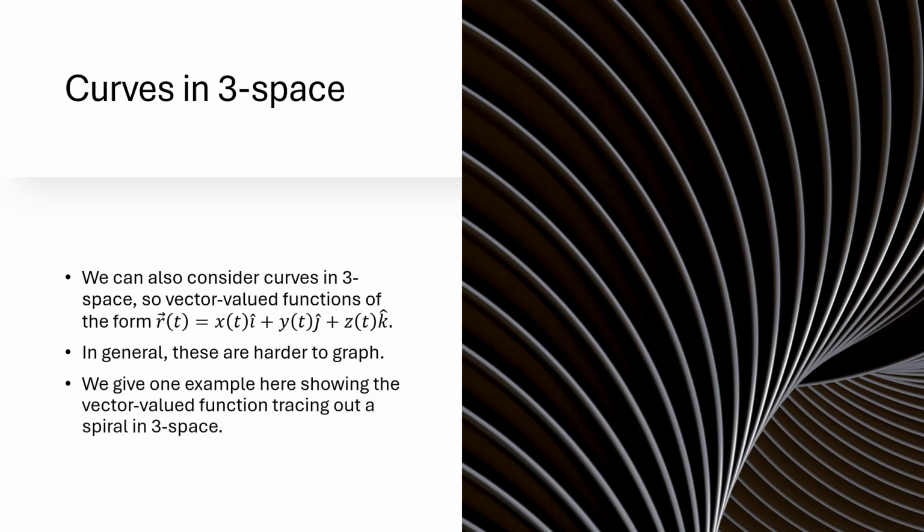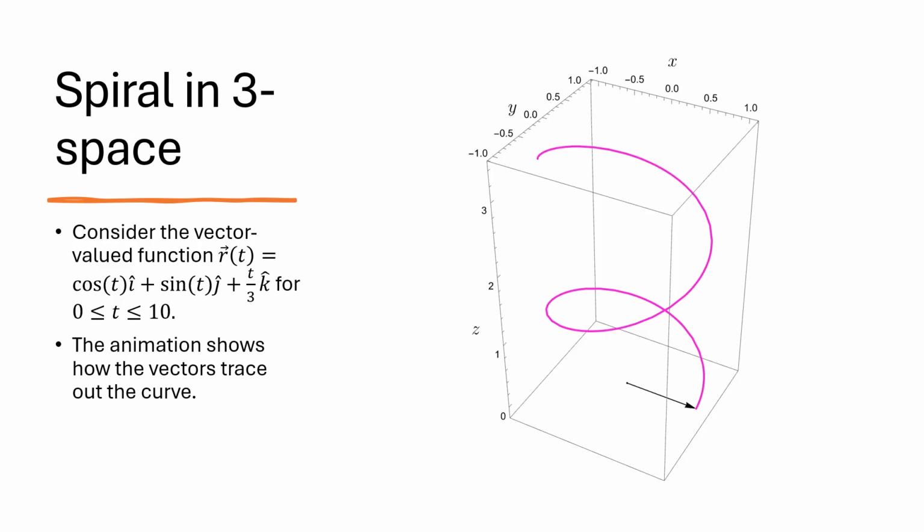So we're going to give just one example here with an animation. Here is the vector valued function cosine t i plus sine t j plus t over 3 k. Notice if I took away the k term, this would just be a circle. But what the k term is doing is changing the z value of our vector. So as t gets bigger, the z value gets bigger.